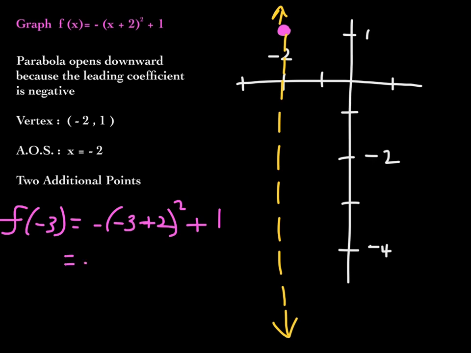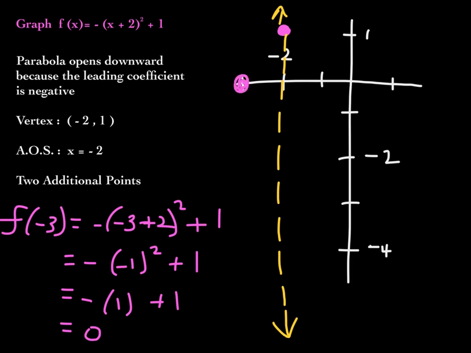So negative, and then -3 plus 2 is -1. This is me following the order of operations. Don't make these two negatives become a positive. That's out of order. You have to square -1 first, which is +1, and then plus 1. So this is basically -1 plus 1, which is 0. So the ordered pair you and I just generated is (-3, 0), which is right there.